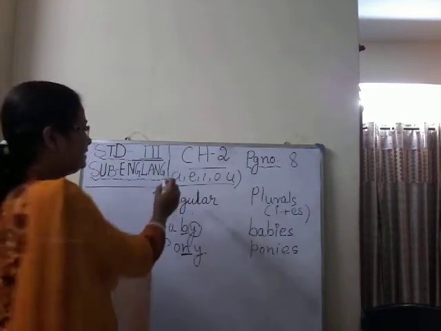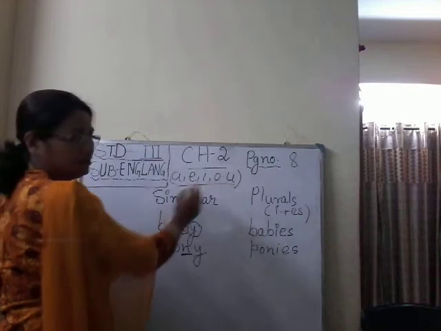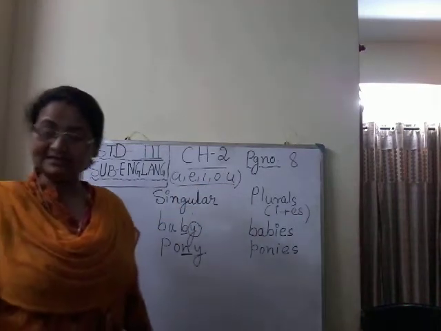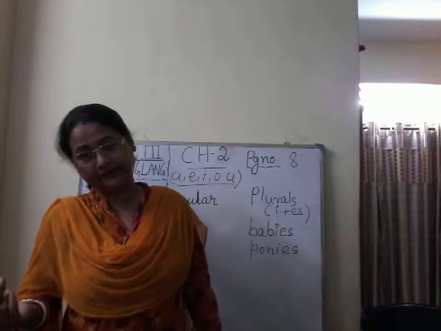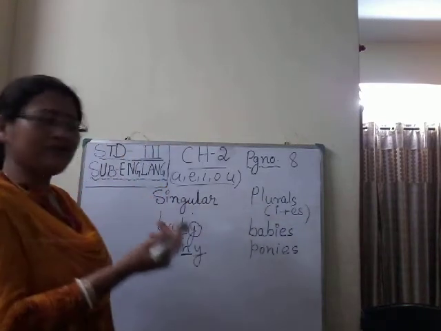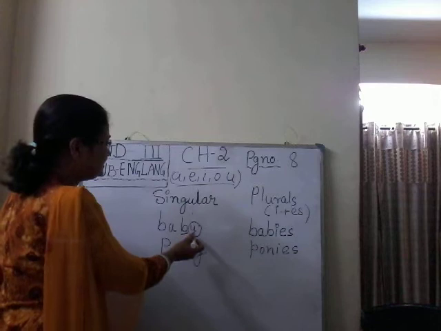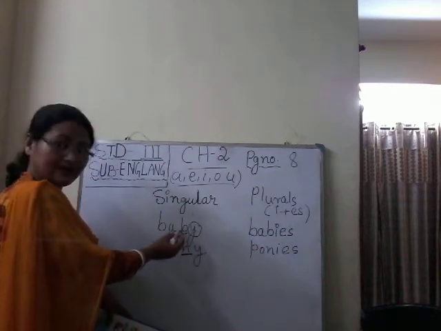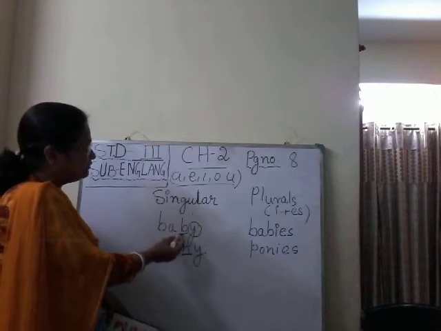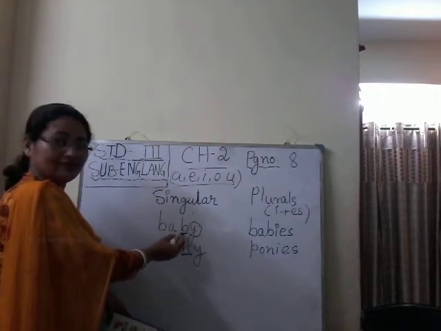And we know that A, E, I, O, U are vowels and the rest of the letters are consonants. Okay. So now you have to see whether the letter used before Y is a vowel or a consonant.